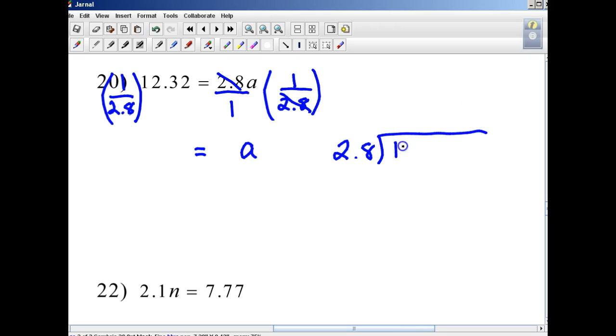You do 12.32 on the inside. We really usually don't want to mess with decimals, so we multiply both by 10 and move the decimal away. So it turns into, which will have the same answer, 28 into 123 points with the decimal.